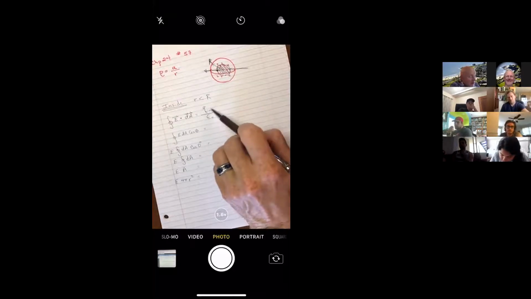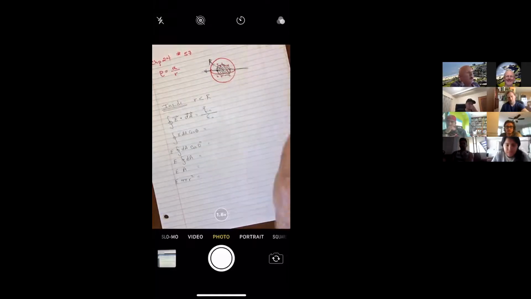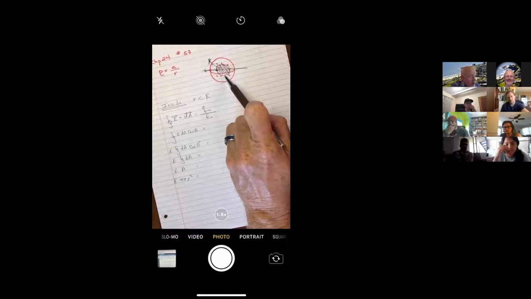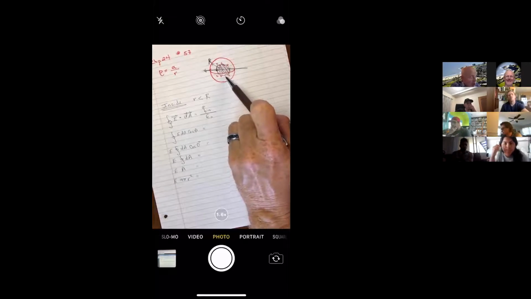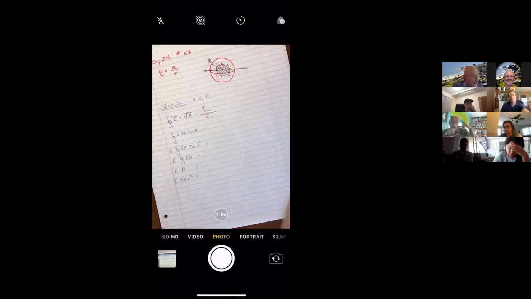And that is not all of the charge on the sphere. There's a lot of the charged sphere that is beyond this Gaussian surface I've made.